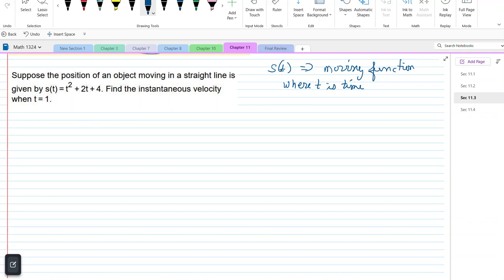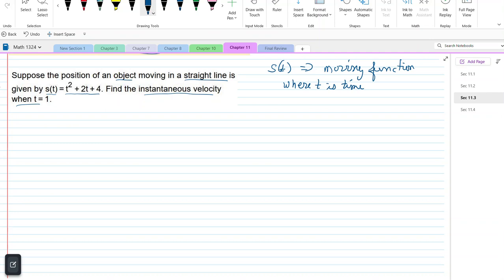So here we go. Suppose the position of an object moving in a straight line is given by s of t equals t squared plus 2t plus 4. Find the instantaneous velocity when t is 1.